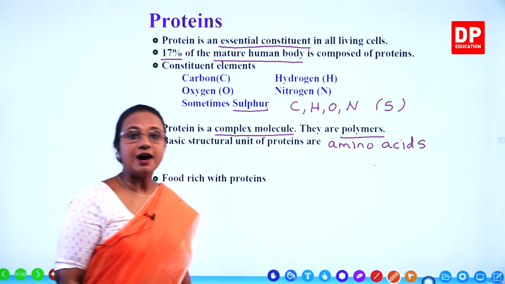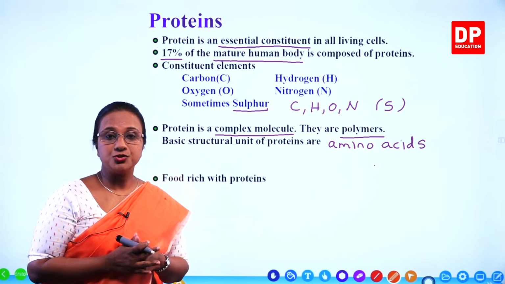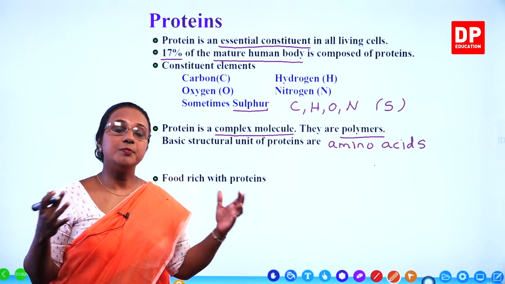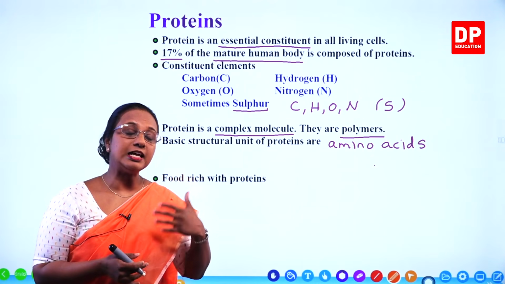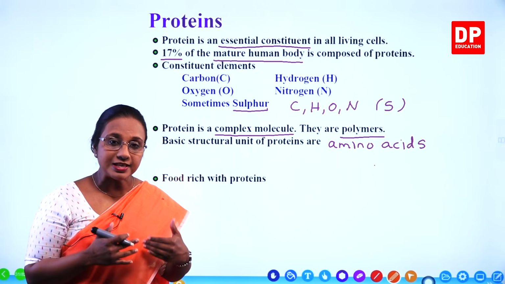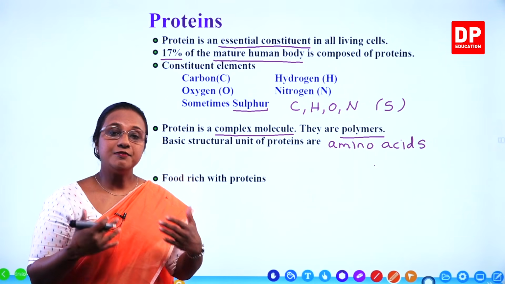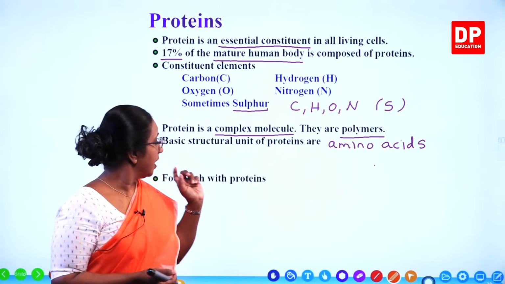A very large number of amino acid molecules combine together and form the protein molecule. Therefore, it becomes a very complex structure, and based on that, there are different properties for protein molecules.